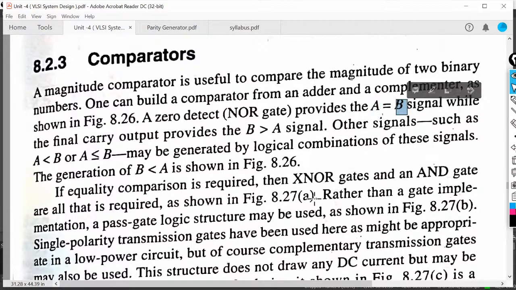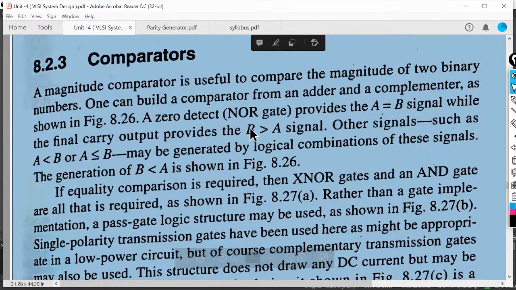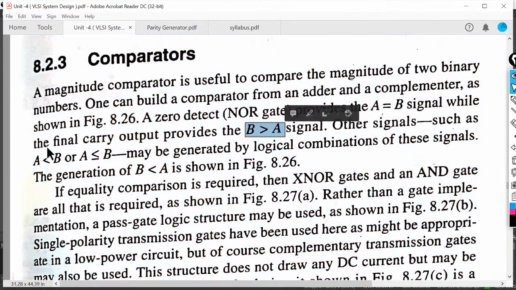If we compare any two numbers, there will definitely be three different possible results: one is a equals b, second is a is greater than b, and the last one is a is less than b. These three results can be possible if we compare any two numbers.